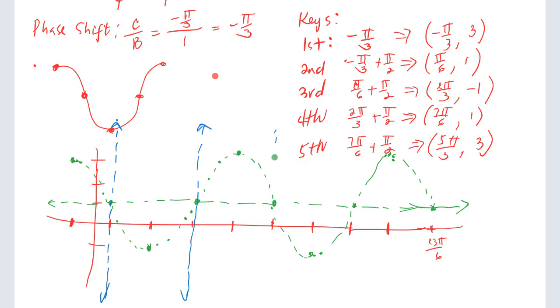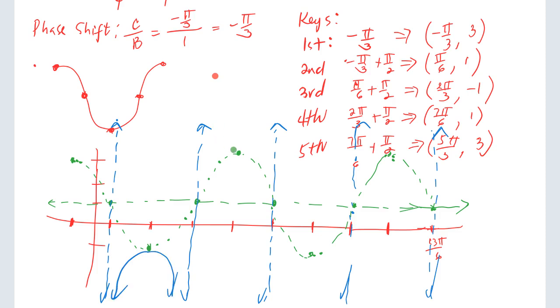Again, we are tasked to draw two periods. Okay, and then we are going to draw those parabolic shapes to each of those maximum and minimum levels.